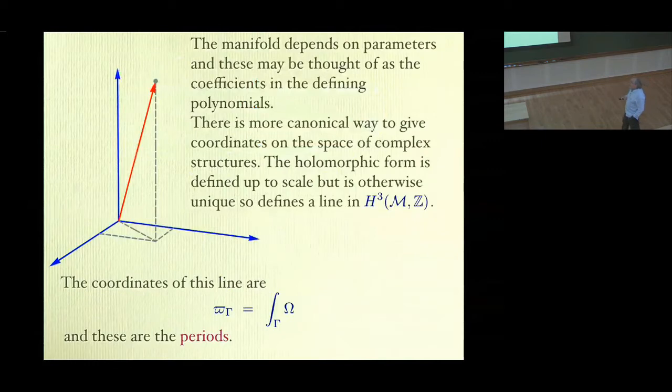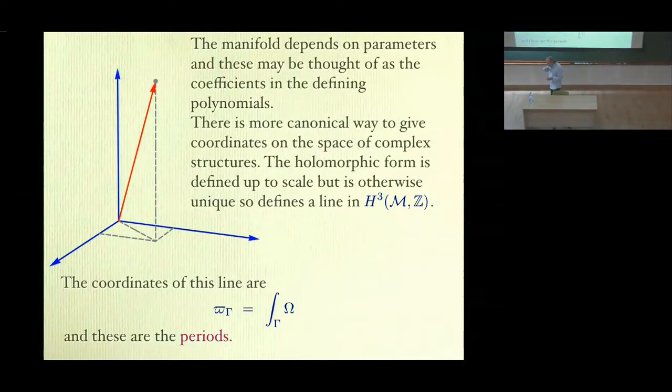So in this example where we have the quintic, then the manifold depends on parameters. There are parameters built into the equation. There's this parameter psi that we wrote down on the board. But there's also built out of the space of bits the holomorphic 3 form. If it exists, it's a one-line proof to show that if a holomorphic 3 form exists, it's unique. So it's unique up to a scale.